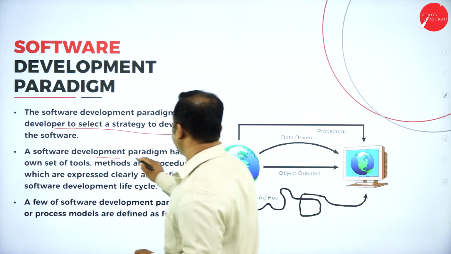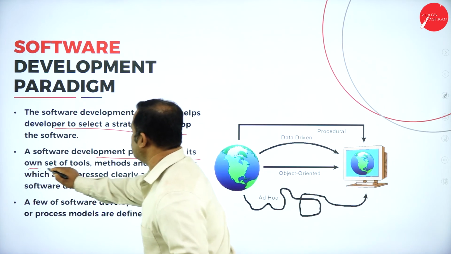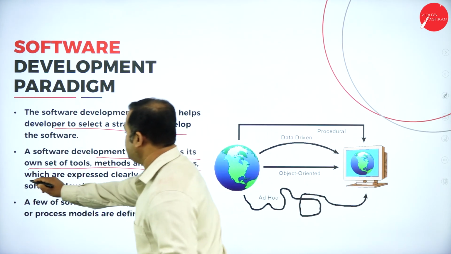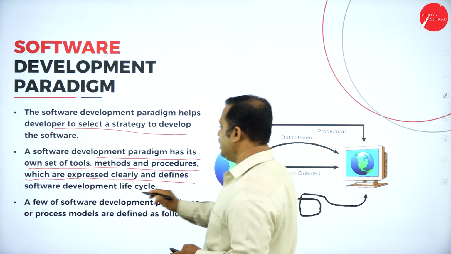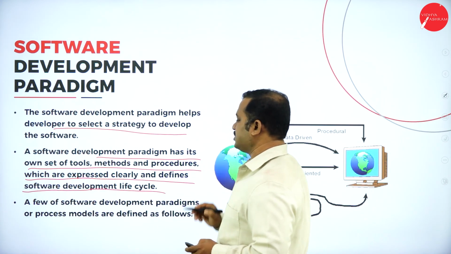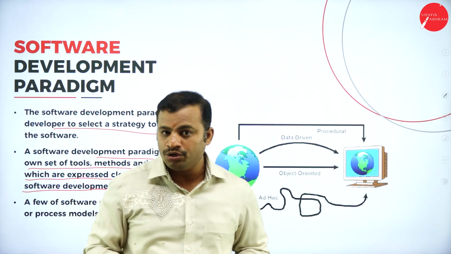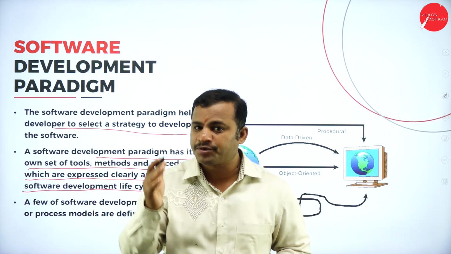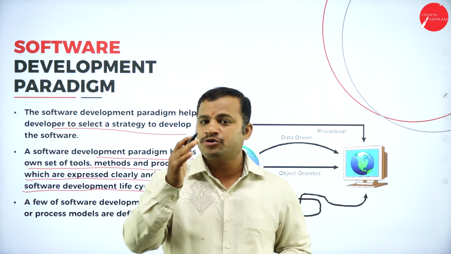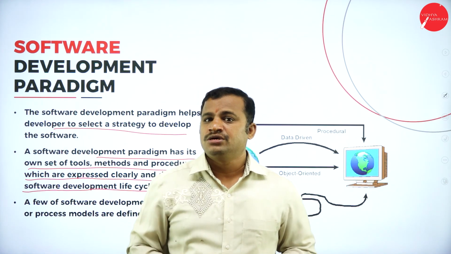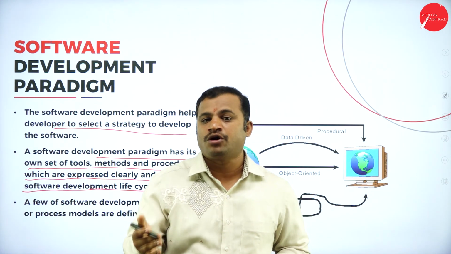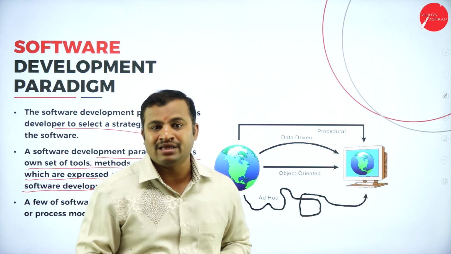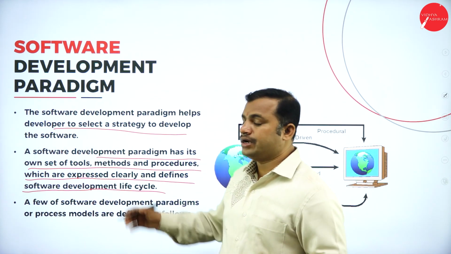Then, the software development paradigm has its own tools, methods, and procedures which are expressed clearly and define the software development life cycle. As I have already told you, the software development life cycle defines a set of well-defined procedures or methods using which we can develop the software more efficiently. That is also very, very important, which comes in the part of software paradigms.